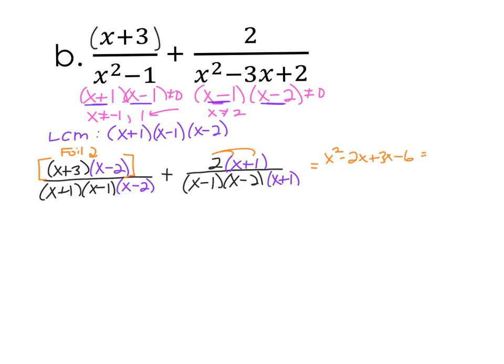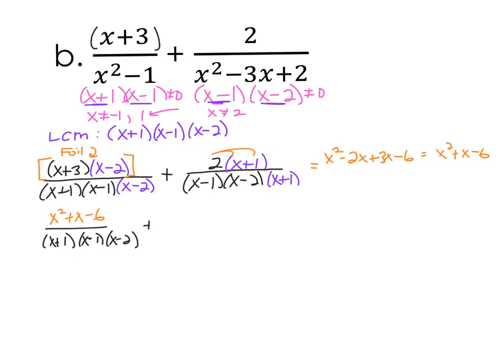And that would equal x squared plus x minus 6. So that's x squared plus x minus 6, but then all over my LCM. X plus 1, x minus 1, whoops, get that minus in there, and x minus 2.